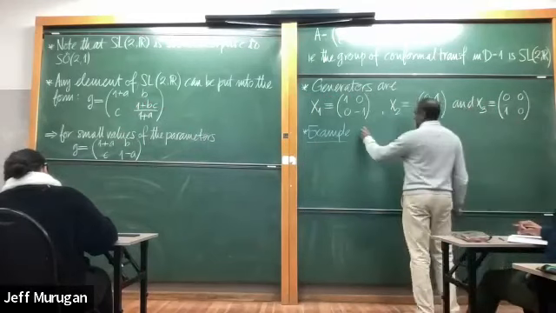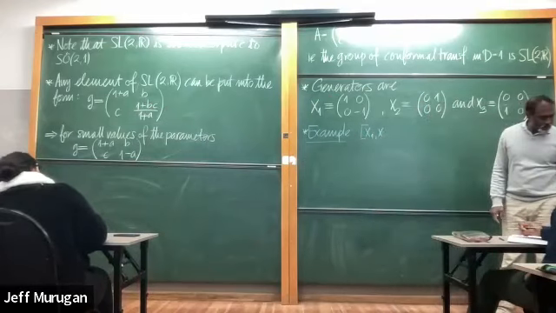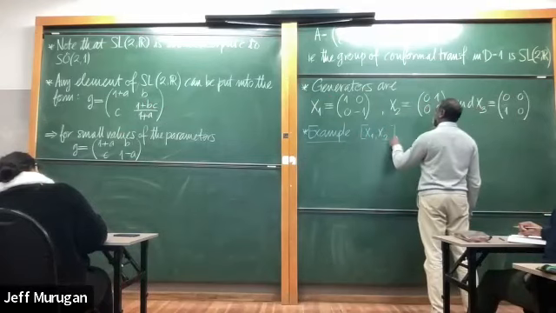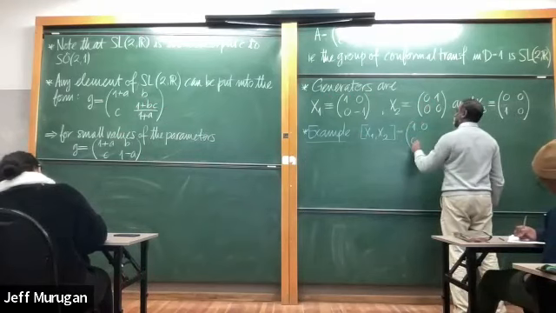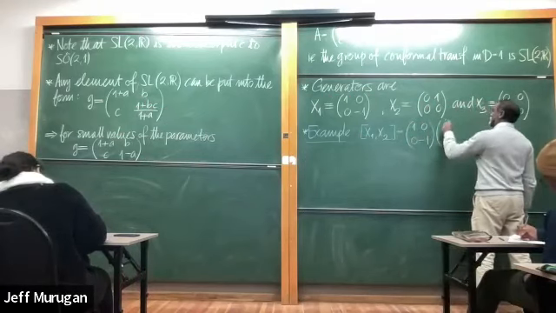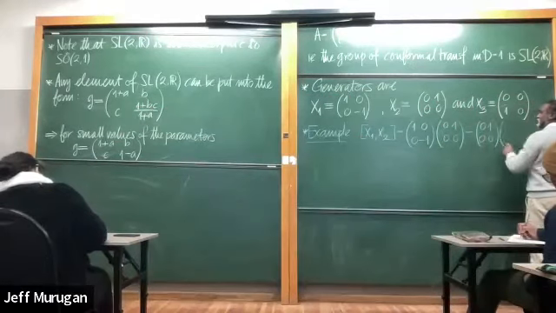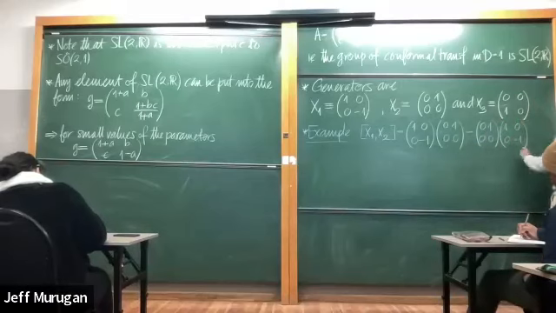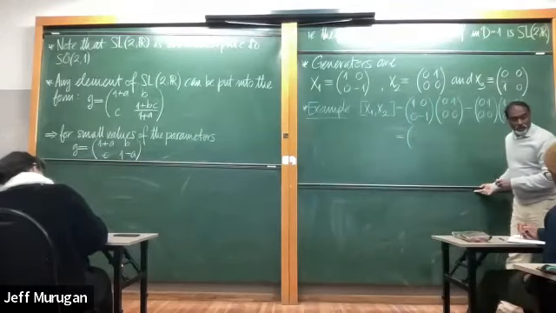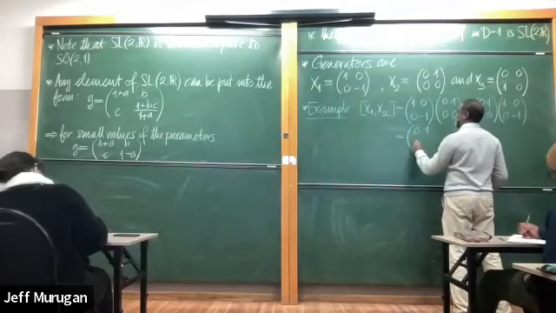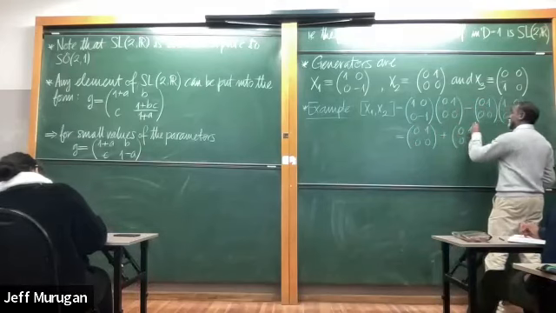So we'll start off, this is particularly straightforward. X1 commutator X2 is (0, 1; 0, 0) times (1, 0; 0, minus 1) minus (1, 0; 0, minus 1) times (0, 1; 0, 0), which is just (0, 1; 0, 0) plus (0, 1; 0, 0).